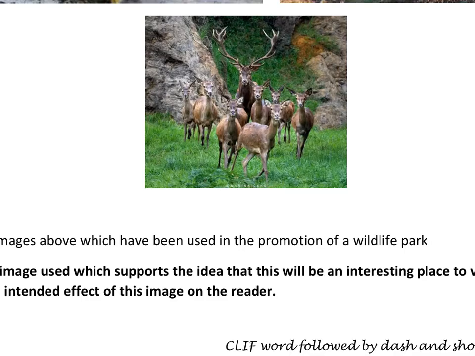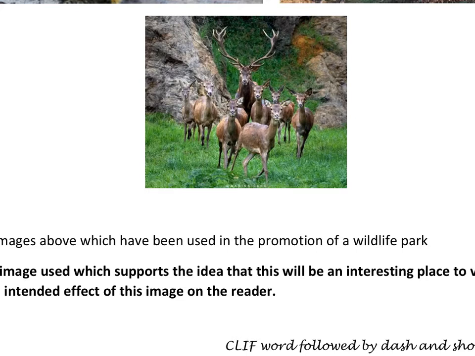On page 31 then, you need to choose one of the other 2 images to analyse. So let's look at this image of the deer. Keep the purpose and the audience of the text in mind and focus on some of the important details. Why do you think the author has presented the animals in this natural environment with grass and rocks in the foreground and the background?